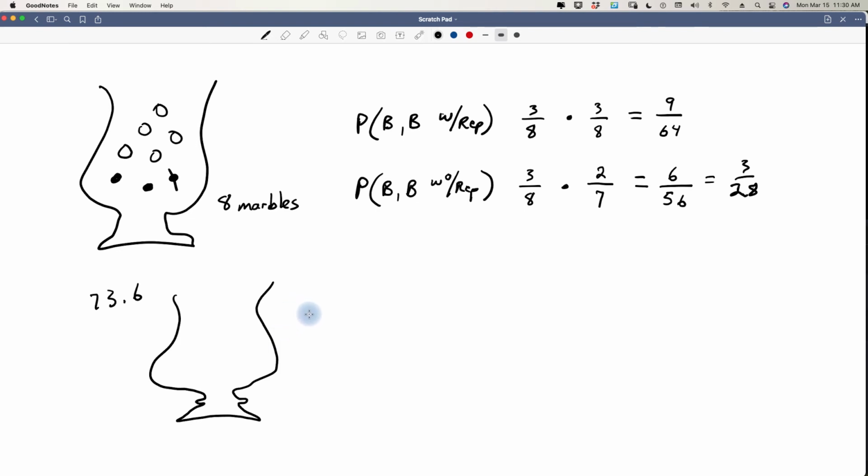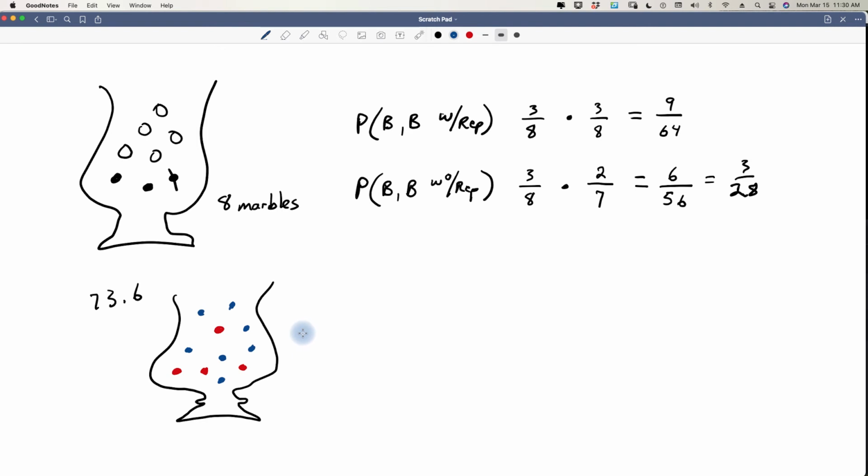But anyway, our urn has 4 red marbles. So 1, 2, 3, 4 red marbles. And it has 7 blue marbles. So 1, 2, 3, 4, 5, 6, 7.